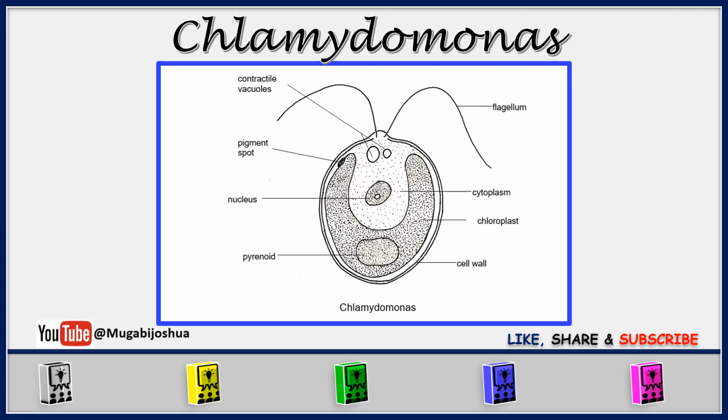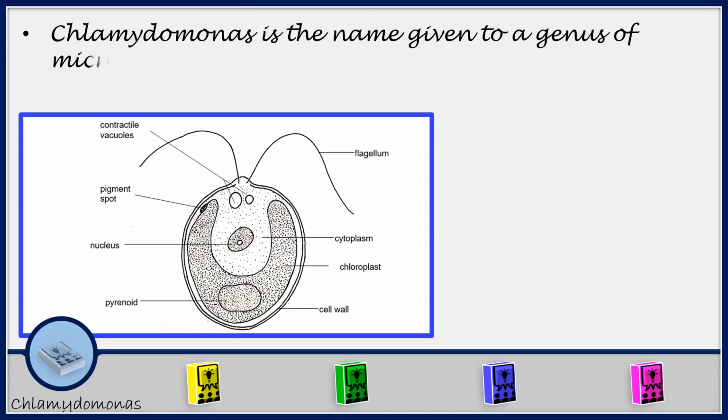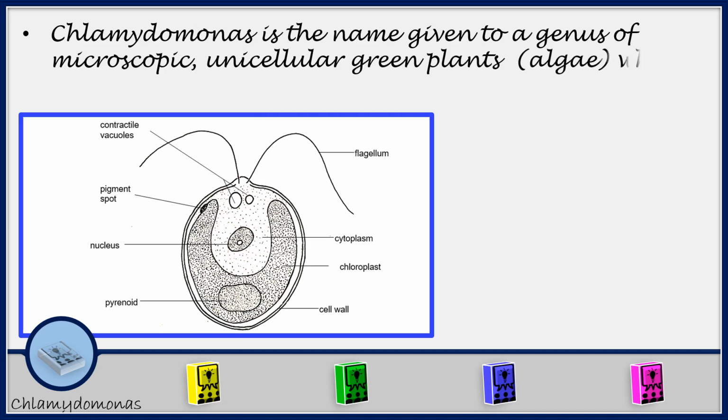Chlamydomonas is a name given to a genus of microscopic unicellular green plants like the algae that live in fresh water.